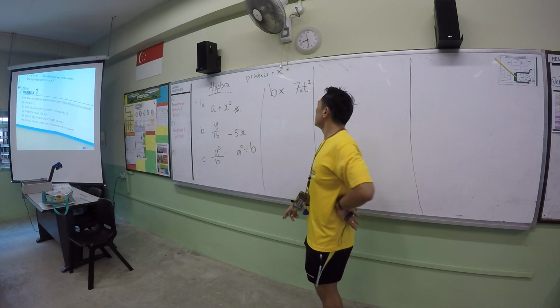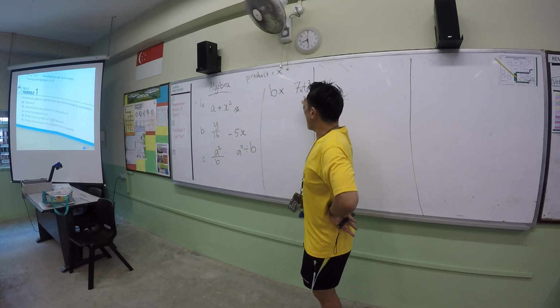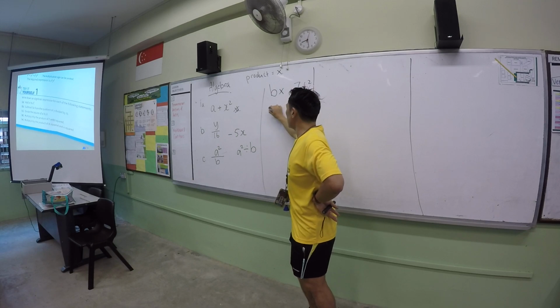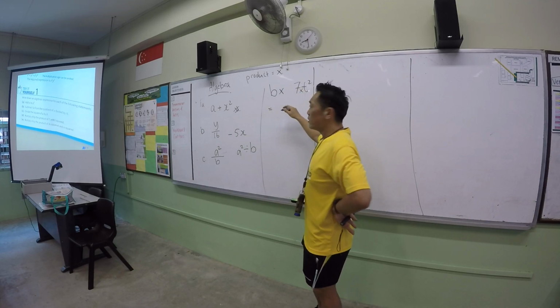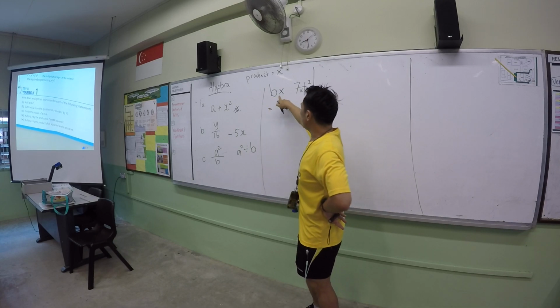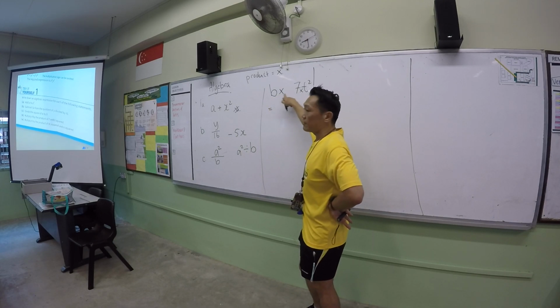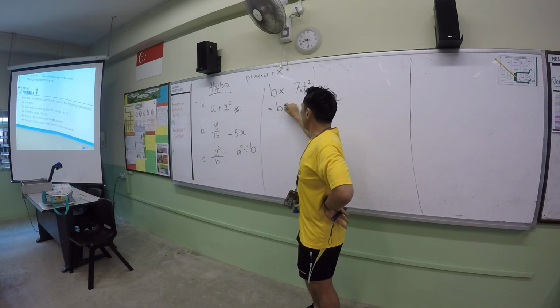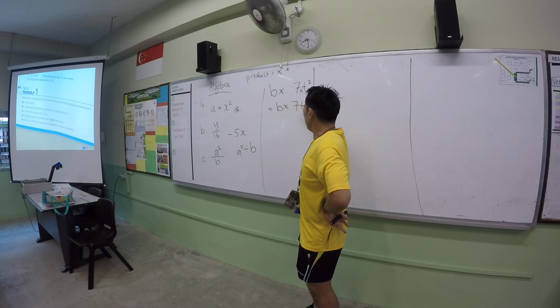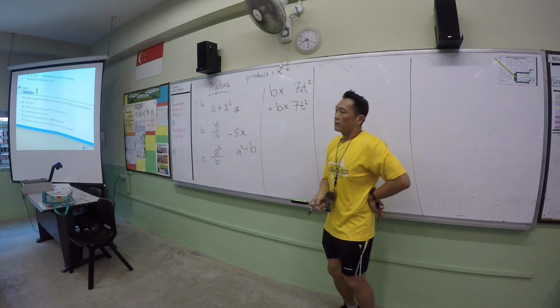Okay? This line can be further simplified. It is the same. Remember, we don't write the cross when it is multiplication. So we can also write it as b times 7 t squared.